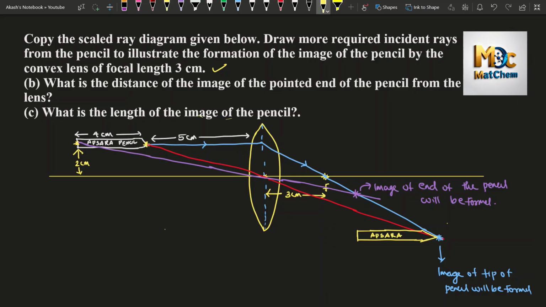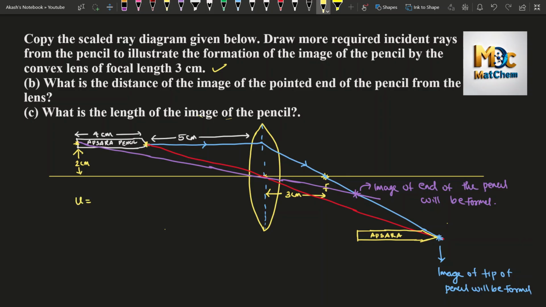According to sign convention, any measurement opposite to the direction of the incident ray is considered negative. The object distance is measured to the left of the lens, which is opposite to the direction of the incident ray, which is considered positive. Since you are measuring in the backward direction, that will be considered negative.